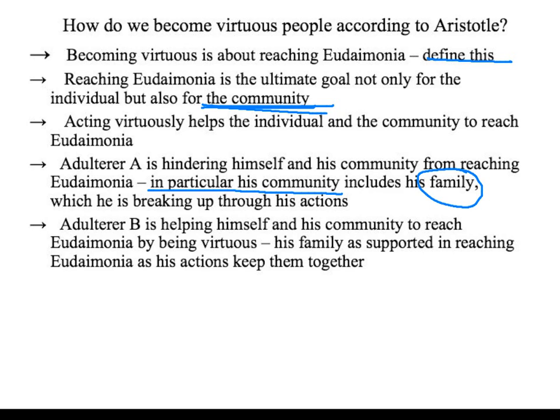Again, his local community is his family, and you could say that his family is supported in reaching eudaimonia as his actions keep them together. By acting virtuously and discussing it with his wife, acting with courage and honesty, he's going to keep his family together and therefore help all of them to reach eudaimonia.